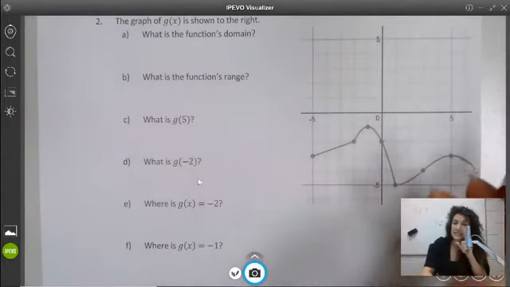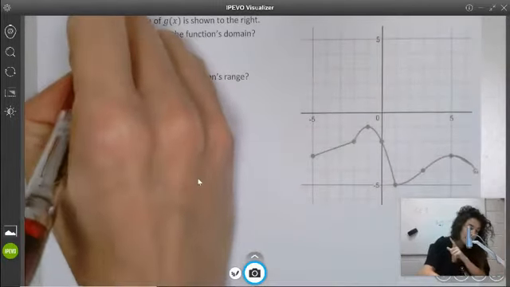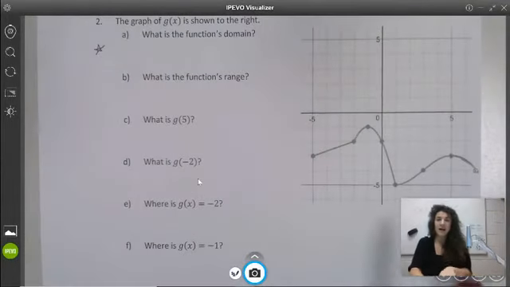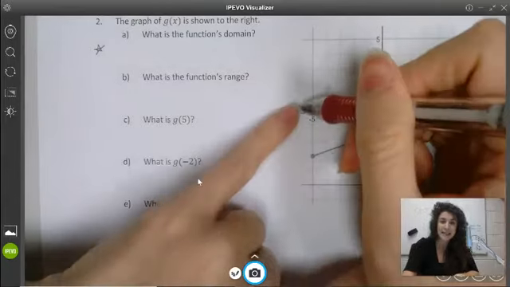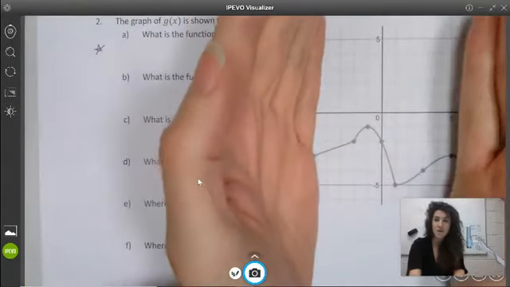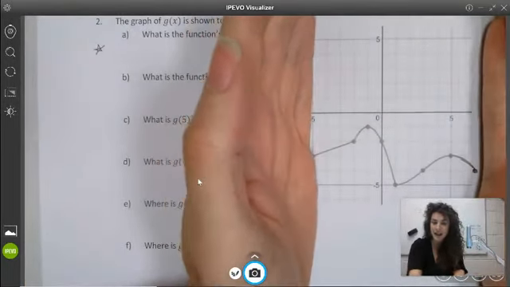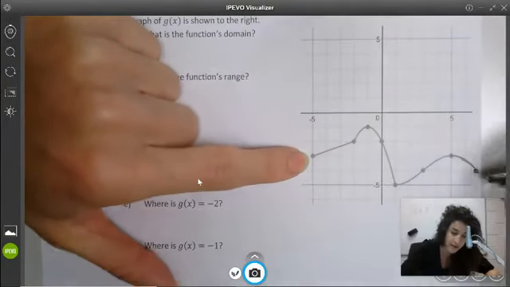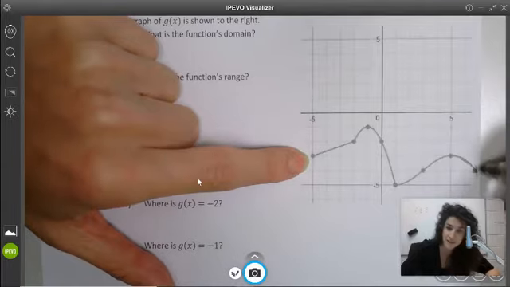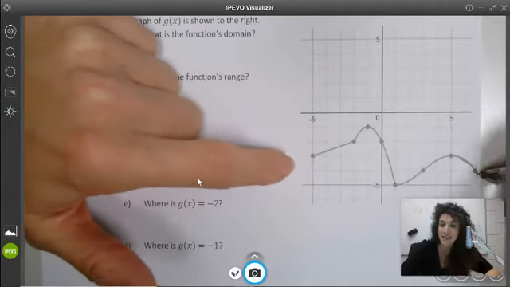So the domain is the set of all x values. Which means that if we're looking at the x-axis, we're looking at how far along the x-axis this graph has taken up. And it's taken up all the way from -5 up here to +7. And it does end here.